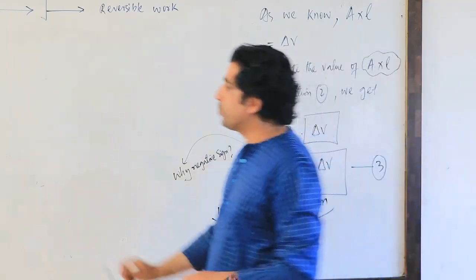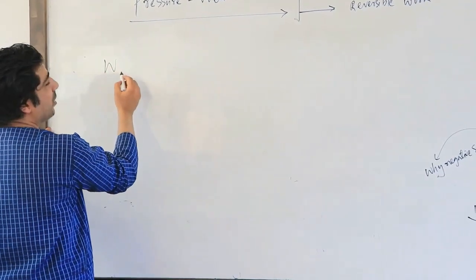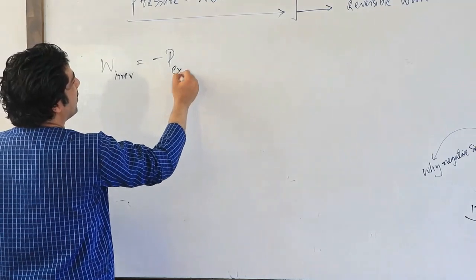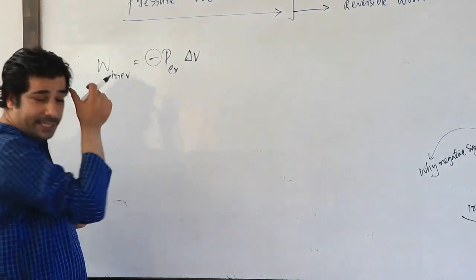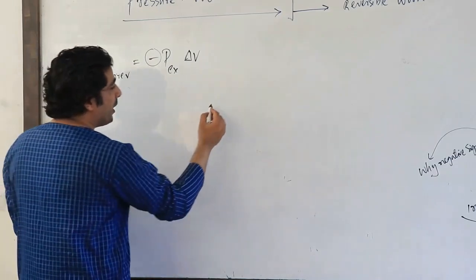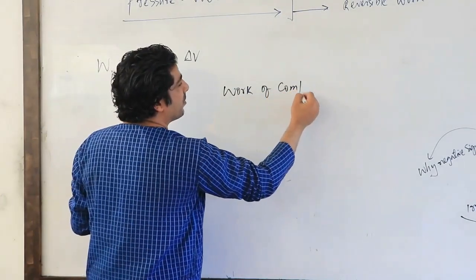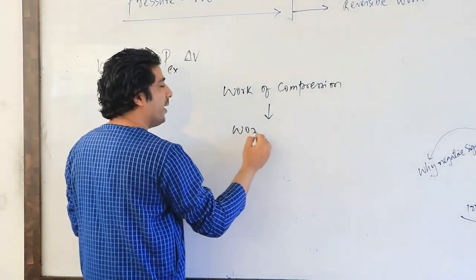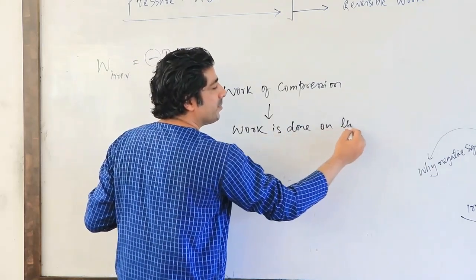Let's explain it. Previous time I told you, my dear friends, if I take the same expression here, work irreversible is equal to now minus P external delta V. Why I am using the negative sign here, let us understand. You know that if I talk about work of compression, it means work is done on the system.